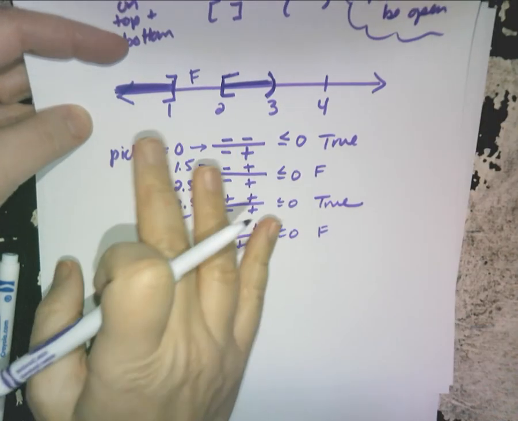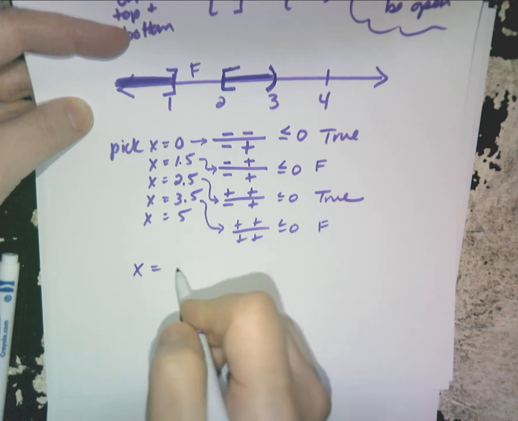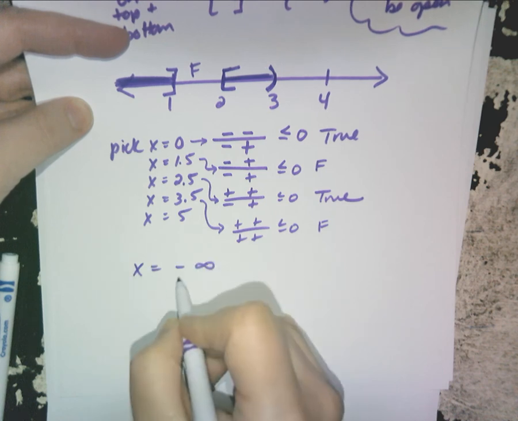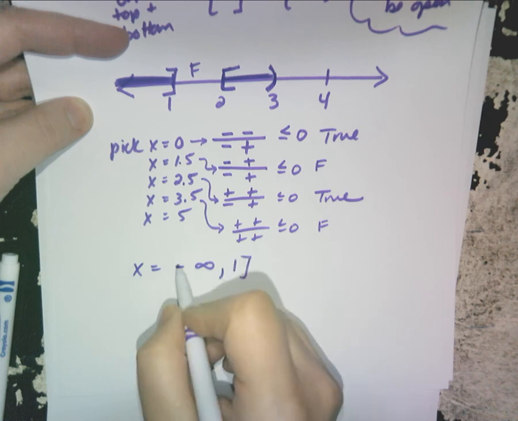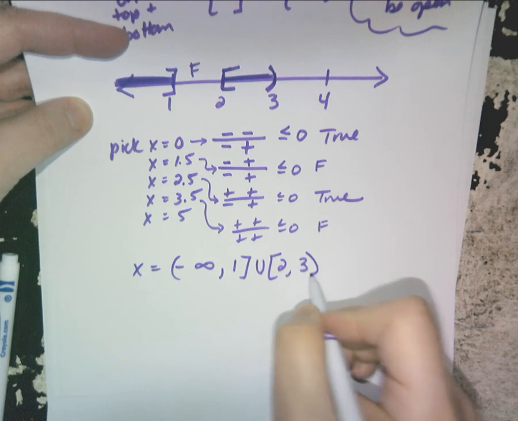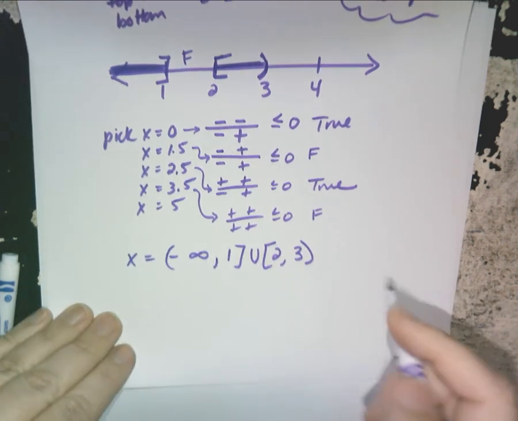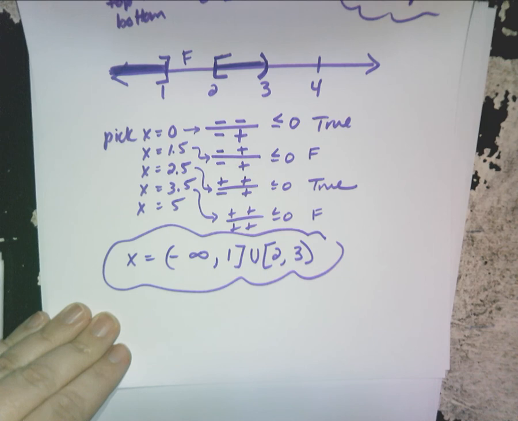So my final answer would be that your x values can be from negative infinity to 1, united with 2 to 3. Interesting, right?